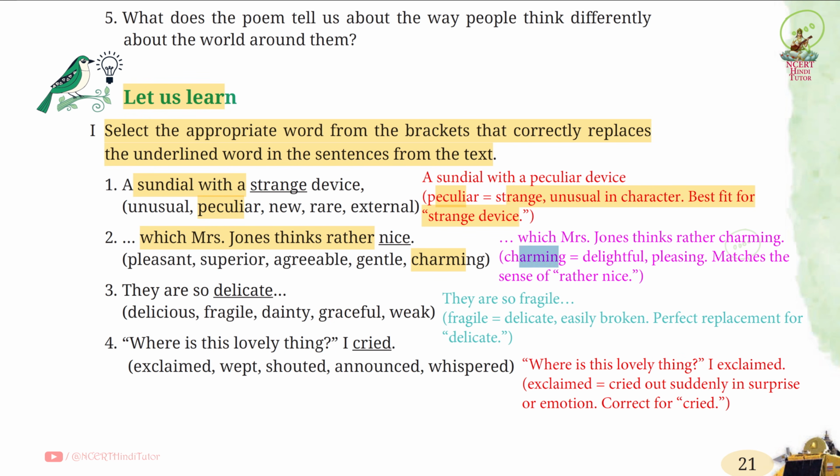Charming means delightful, pleasing, matches the sense of rather nice. Third, they are so fragile. Fragile means delicate, easily broken, perfect replacement for delicate. Fourth, where is this lovely thing? I exclaimed. Exclaimed means cried out suddenly in surprise or emotion, correct for cried.